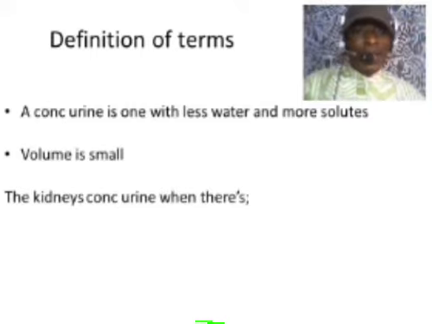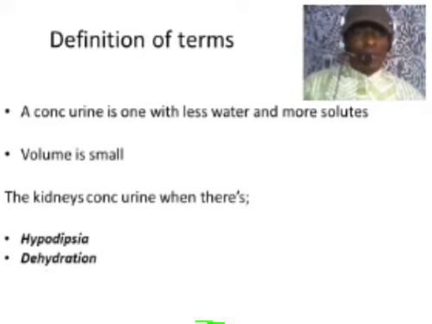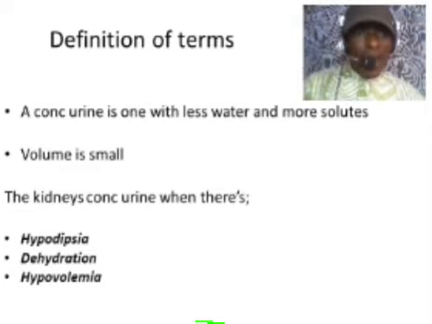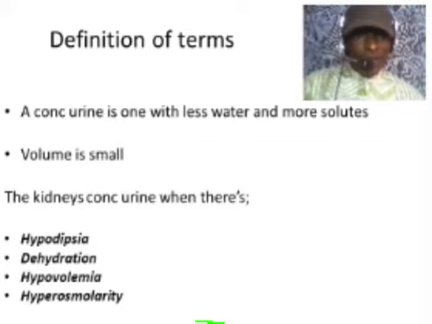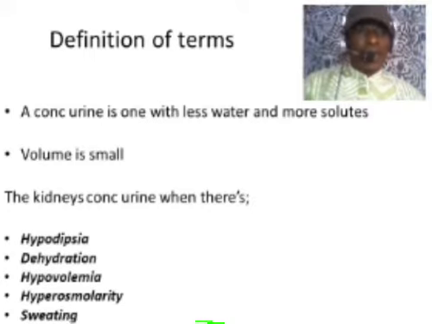The human kidneys concentrate urine when there is hypodipsia, that is low fluid intake, dehydration, low body water content, hypovolemia, that is low ECF volume, hyperosmolarity, that is there are high solutes, sodium ions in the blood, and during sweating, hot weather conditions.